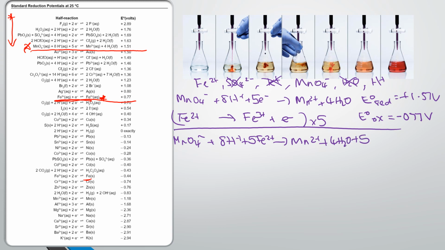Now the E0 for the cell is just adding the numbers together. You are not allowed to multiply this by 5. Do not touch the E0 value. So the E0 value for this particular cell is positive 0.74 volts. So this reaction is likely to occur, and you'll notice your fingers left above right, positive reaction.